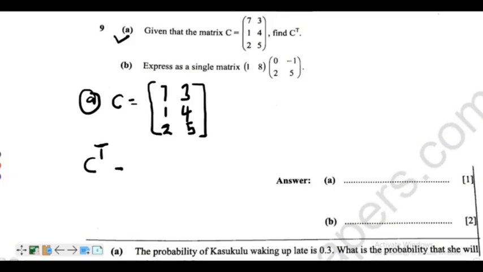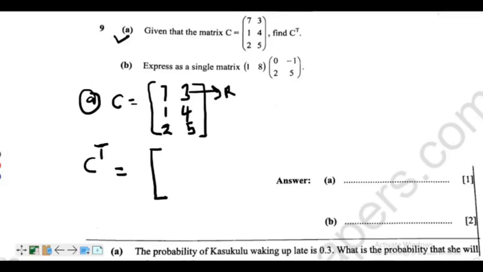So how do you find the transpose of the matrix? It's very simple. The rows become the what? The columns. So these are the rows. The way it will be, this 7, 3, 0 will become a column.